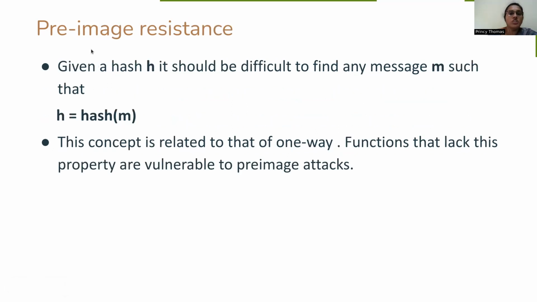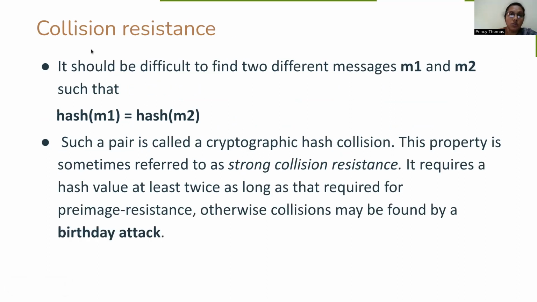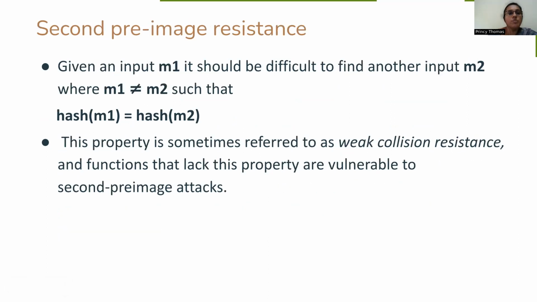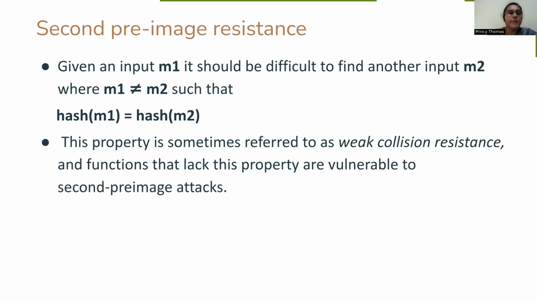Now, we already saw what is pre-image resistance, second pre-image resistance, and collision resistance. All these 3 properties are in hash also. So pre-image resistance is, given a particular hash value, we should not be able to find the message. So it must be one way. Okay. Second pre-image resistance means we should not be able to find a second message M2, where M1 and M2 are not the same but have the same hash value.